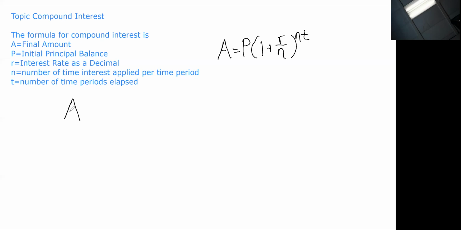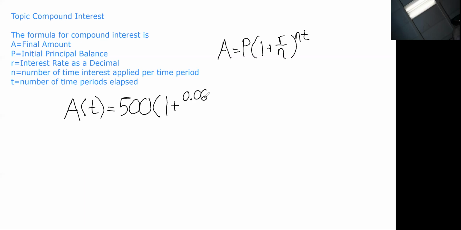So we have A of t, our final amount, is equal to our initial principal balance, which is $500, times the quantity of 1 plus our interest rate written as a decimal.